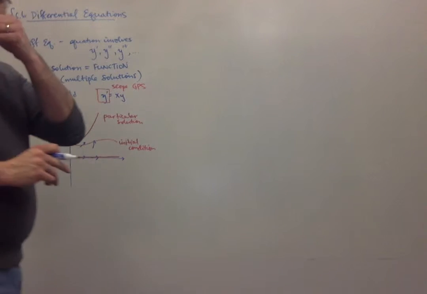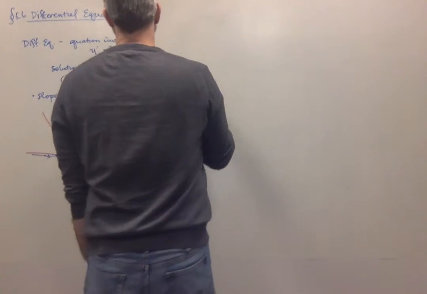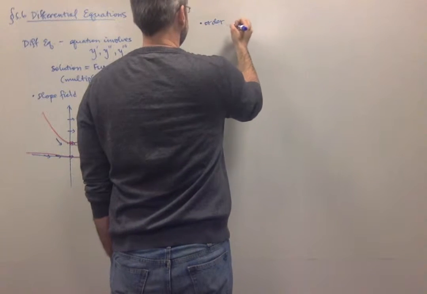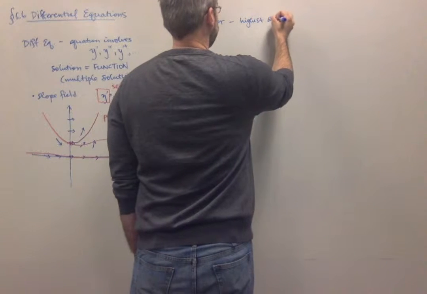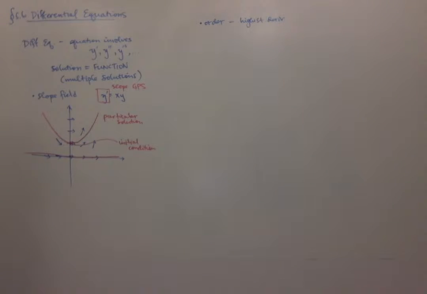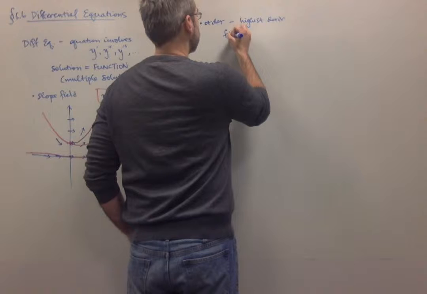Okay, so then we talked a little bit about the order of a differential equation. The order is the highest derivative that's in the differential equation. So if the highest derivative is just the first derivative, then we have a first order differential equation.